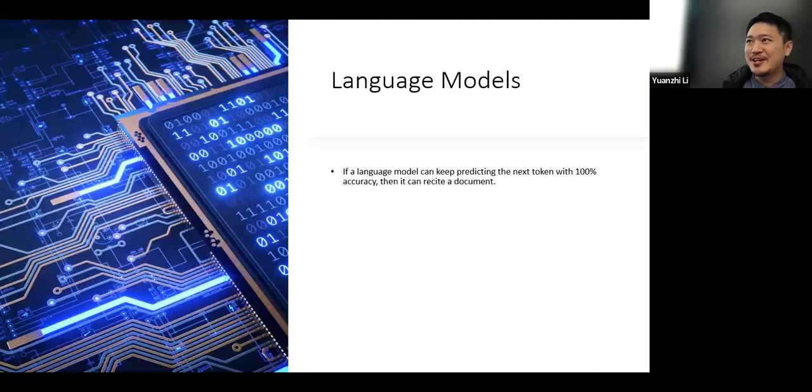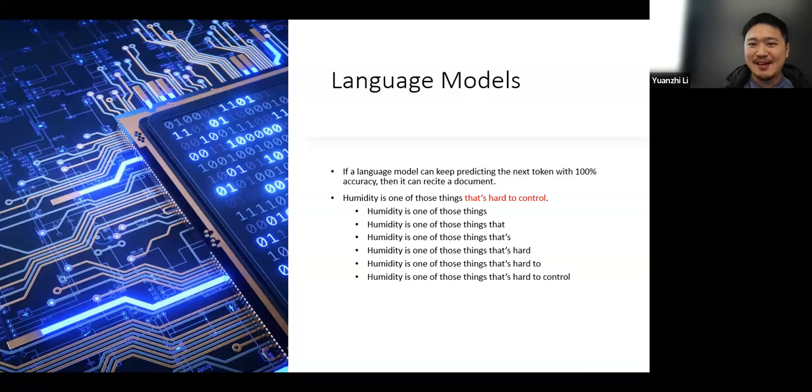And for language models, what does it mean to memorize some factual knowledge? One way to think about it is that if a language model can keep reciting the next token with 100% accuracy, then it can recite the entire document.